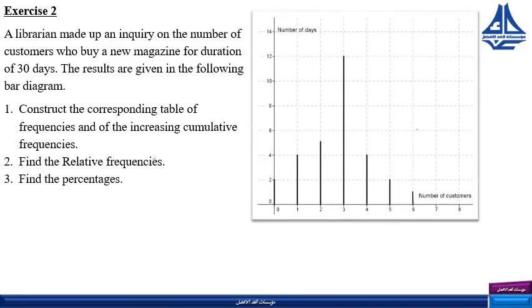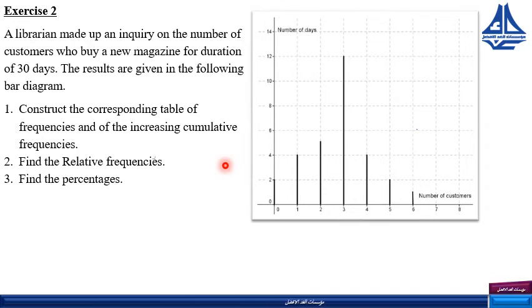Now guys, for the second exercise. A librarian made up an inquiry on the number of customers who buy a new magazine for a duration of 30 days. The results are given in the following bar diagram.